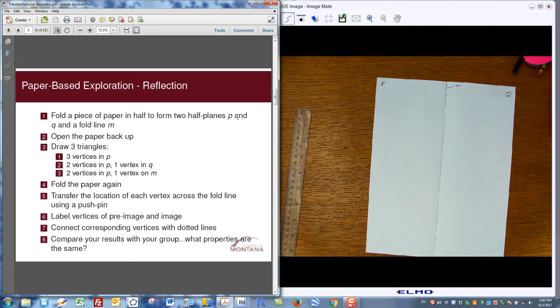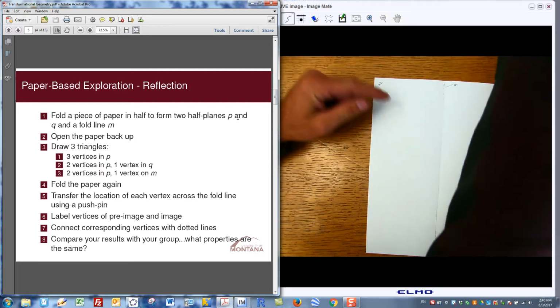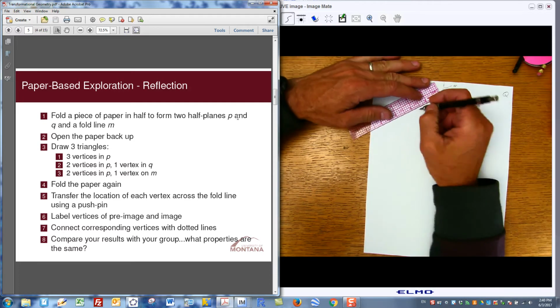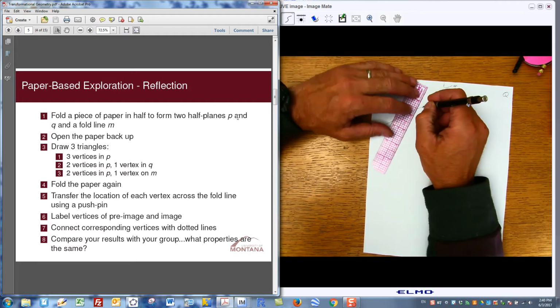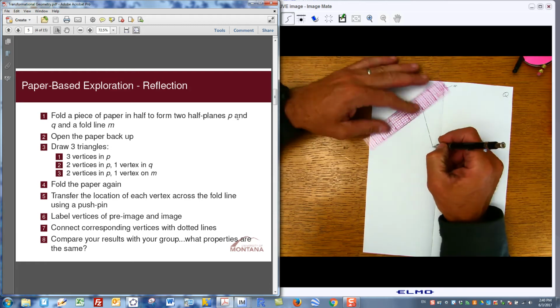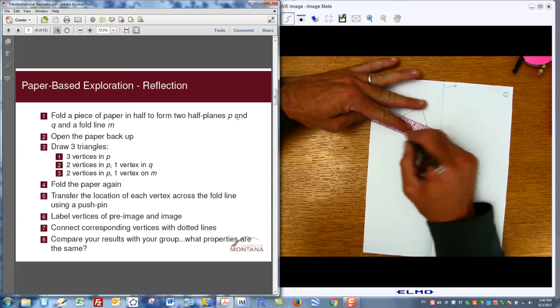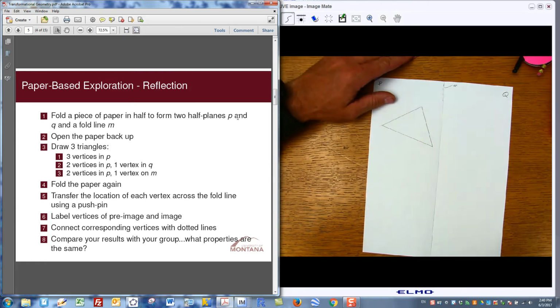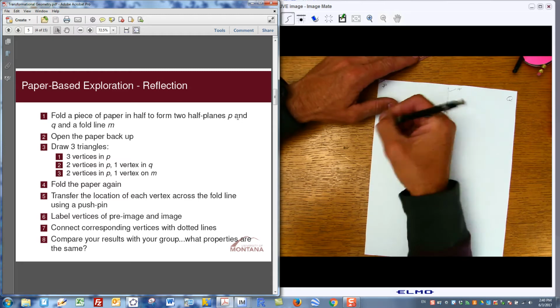And we're going to go ahead now and open the paper back up, draw three triangles, three vertices in P. So three vertices in P would be a triangle that looks like something like that. Okay, and let's label them up. Why not?